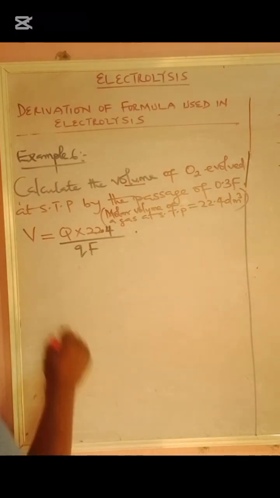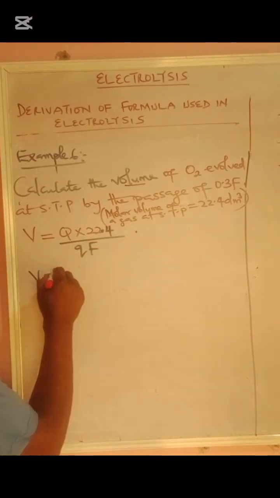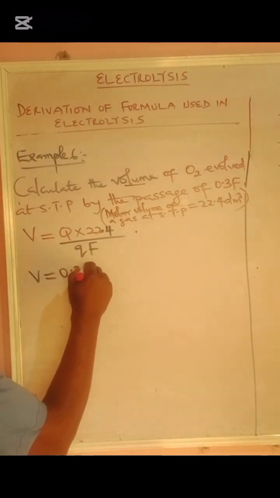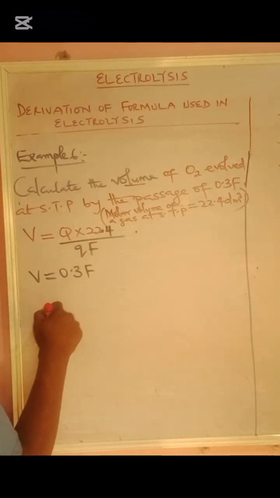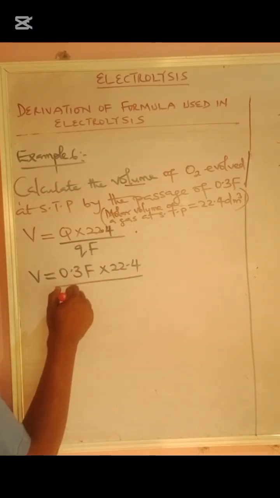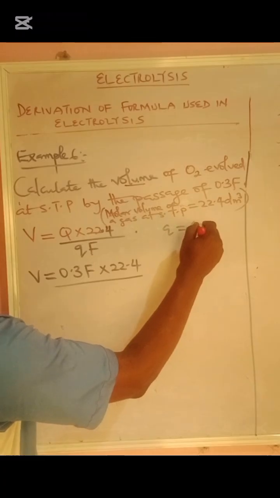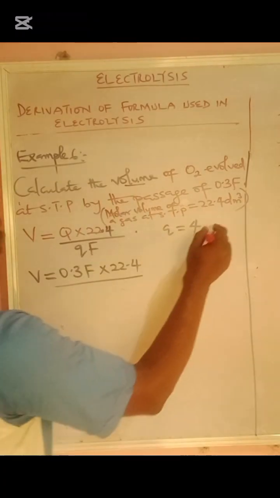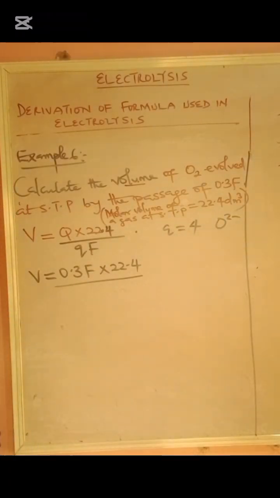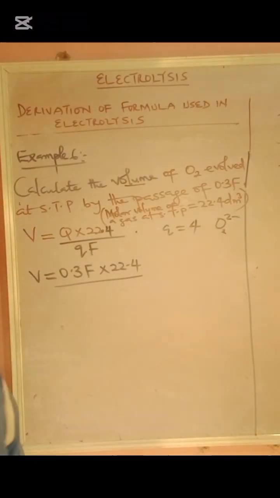So calculate the volume. V will now be, Q is given to be 0.3, so 0.3 F times 22.4 all over n for oxygen, remember, is equal to 4. I've explained that. Oxygen has 2 minus, and it is diatomic, so n will be 4. Don't forget.